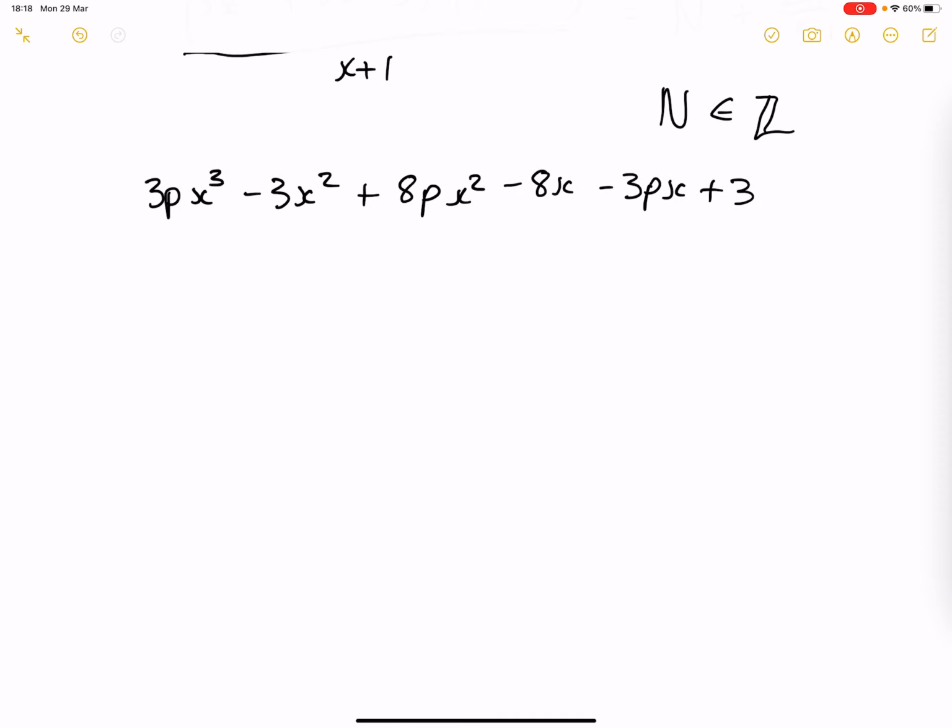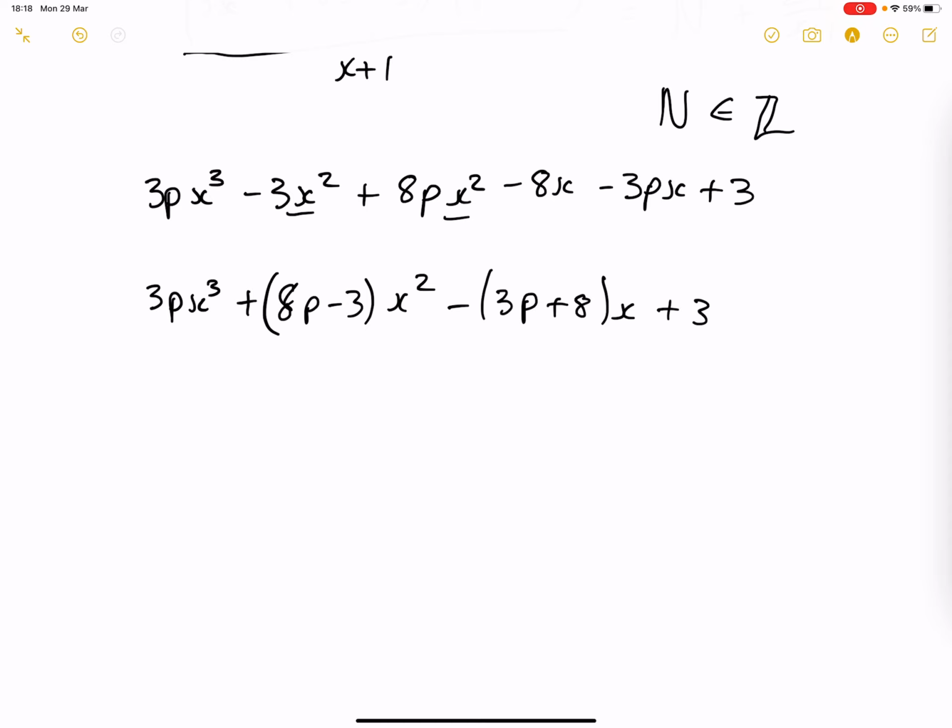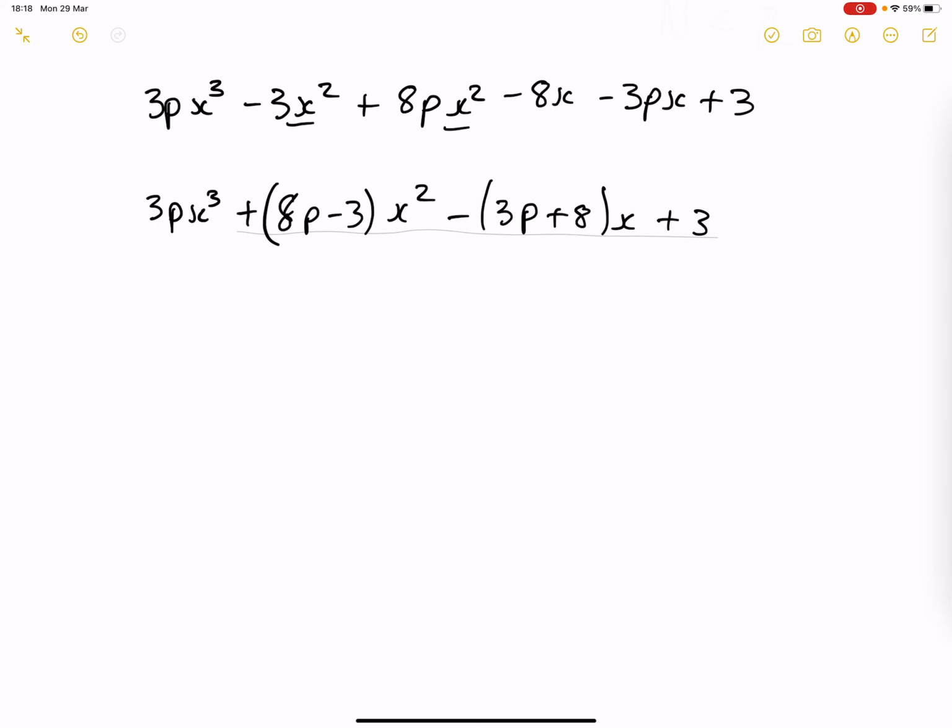And I'm going to factorise this: 3px cubed plus 8p minus 3 x squared, just pairing my x squared terms, minus 3p plus 8x plus 3. And I'm told that when I divide this by x plus 1, I will get a remainder of 24.